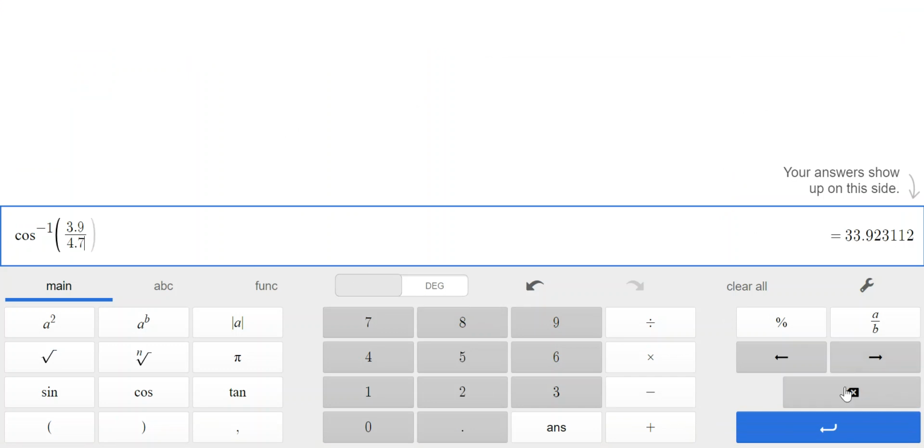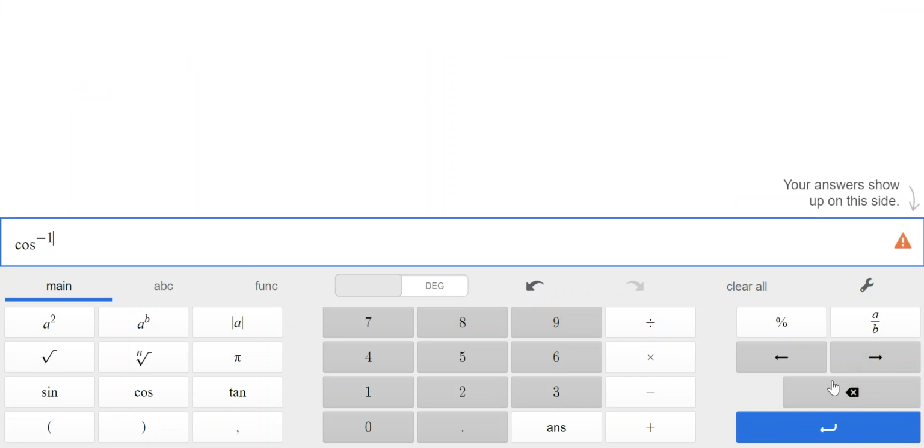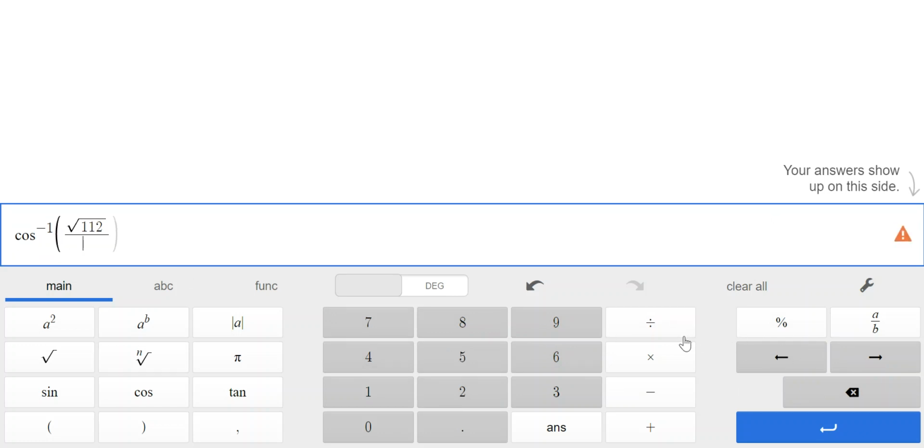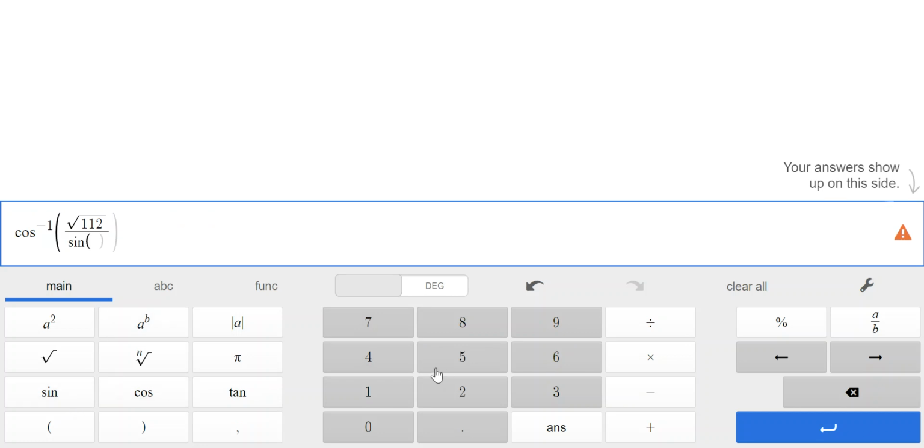Let's go to that calculator that I told you about. Let's do it. I'm going to do the square root of 112. I'm going to use my arrow to come out of the square root. That divided by sine of 40.